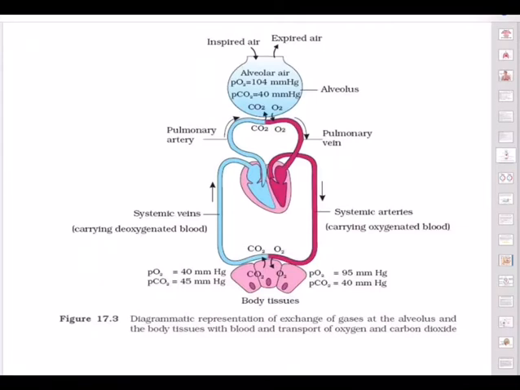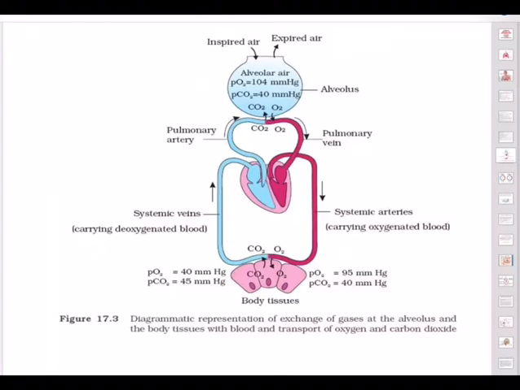What is the condition? The partial pressure of oxygen should be maintained throughout. When it is in the alveolus, it is 104 mmHg, and when it comes down to the tissue level, the partial pressure of oxygen, P means partial pressure, is 95 mmHg. Hg refers to mercury, right? So from 104 in alveoli, when it comes to tissues, it has to be 95 mmHg.